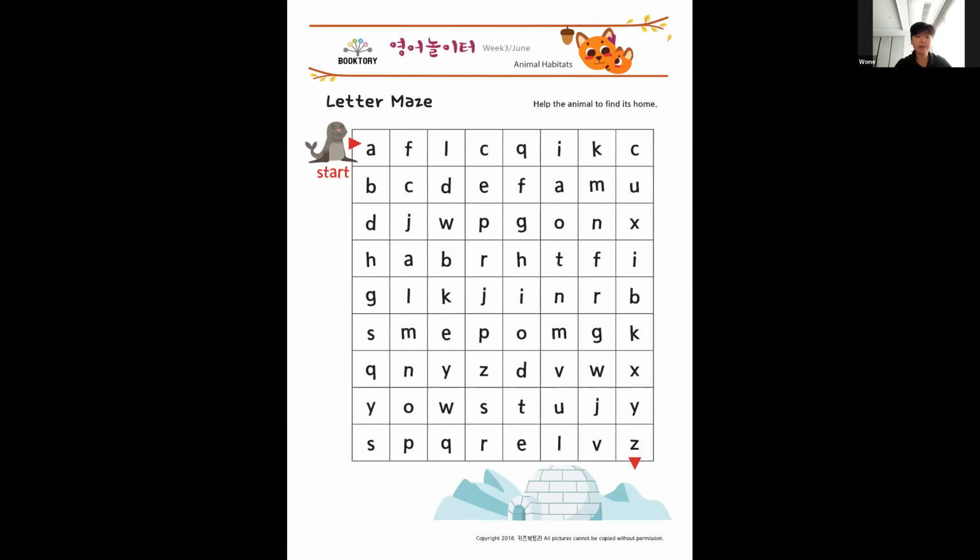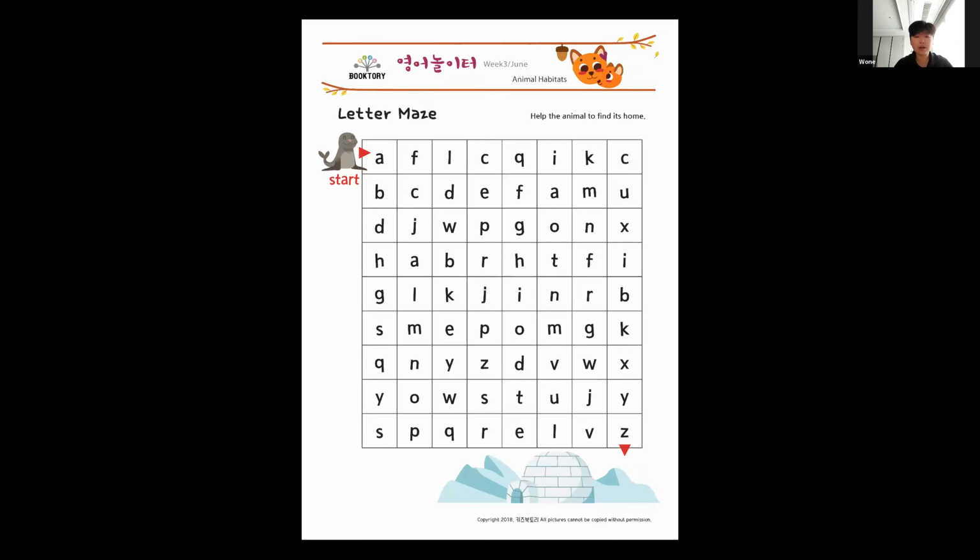Letter maze. Letter maze is very easy. I'm not going to do it till the end with you. I'm going to start you off and you're going to finish it by yourself. You know your ABCs, right? So you're going to follow the maze in ABC order. So let me start you off. Actually, I'm going to use a highlighter.